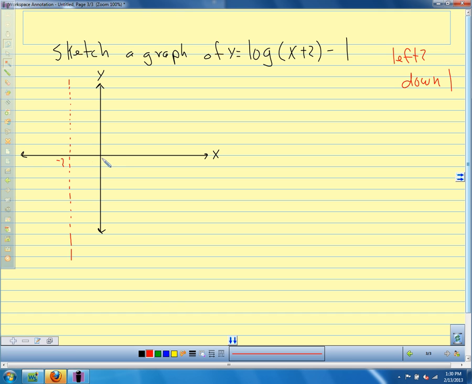So I'm going to go over to negative 1, and I'm going to go down 1. So my intercept is shifting over and down with my graph. So I have the point negative 1, negative 1. And my graph is going to go through that point.